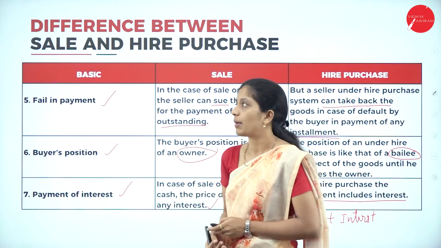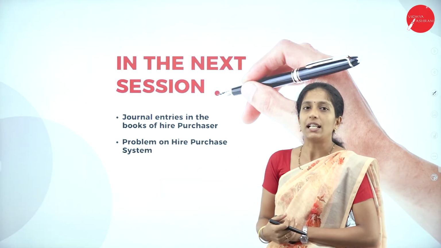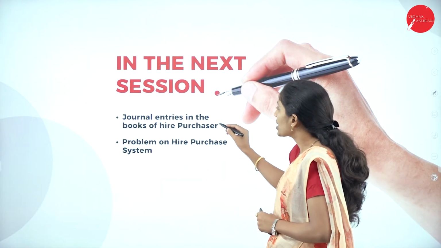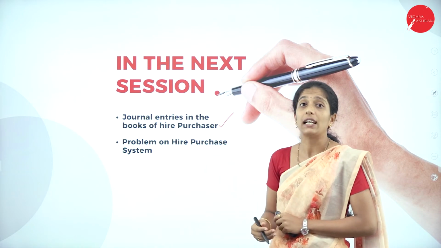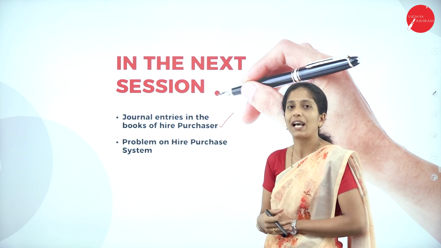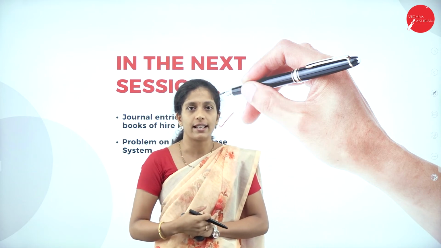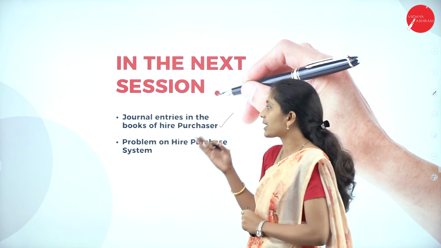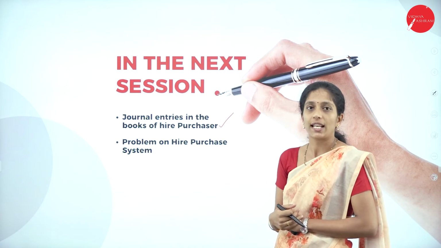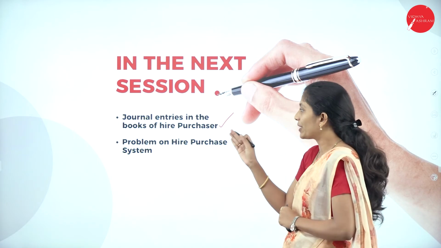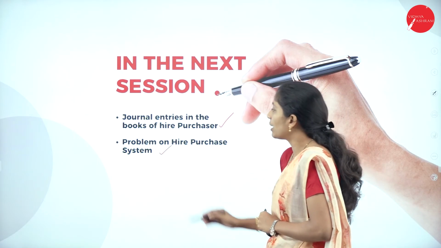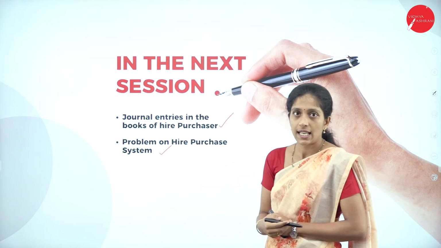In my next session, I am going to discuss journal entries in the books of the hire purchaser. You have to prepare journal entries in the books of the hire purchaser as well as the hire seller. In my next session, we shall see the format for the journal entries in the books of the hire purchaser, and we shall also solve a problem on the hire purchase system.